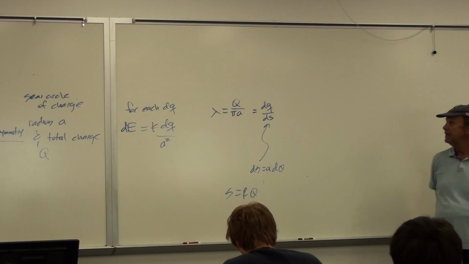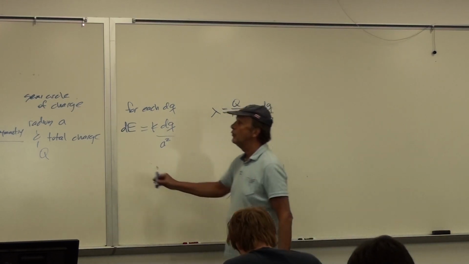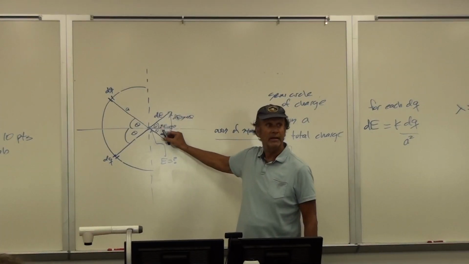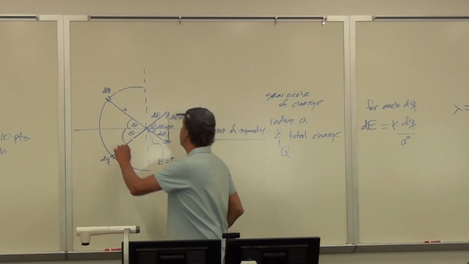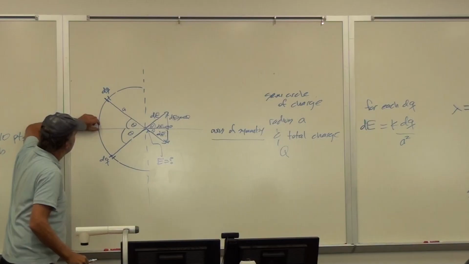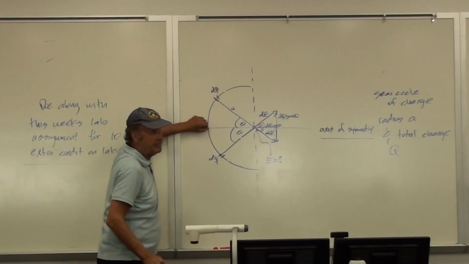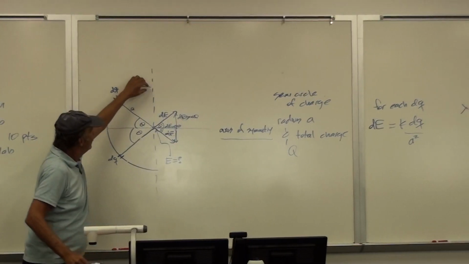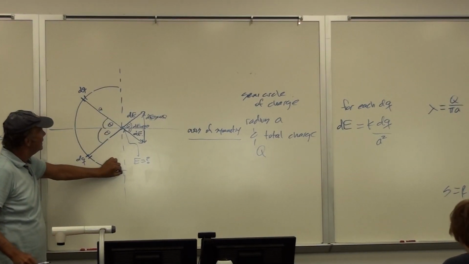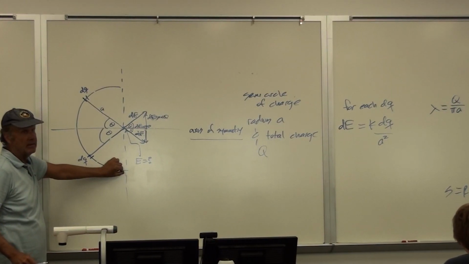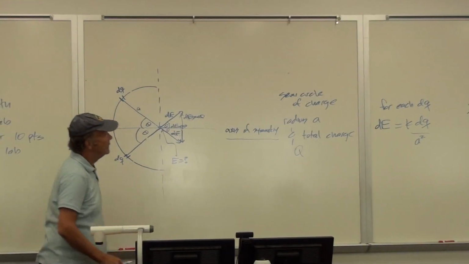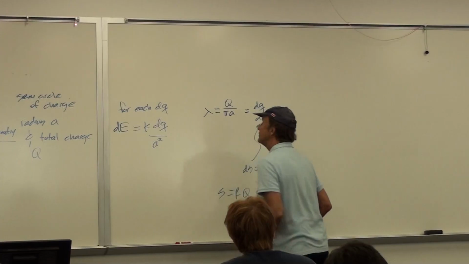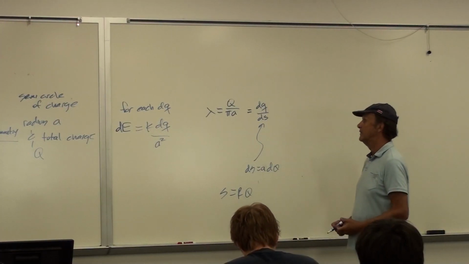Why am I doing that? Well, because the way that the electric fields cancel is a function of theta. Here, when theta is 0, they don't cancel at all. These two pairs, which are infinitesimally close to each other, completely add up. But when we're up here at theta equals 90, they cancel out completely. So that means that we need to write q as a function of theta in this case.